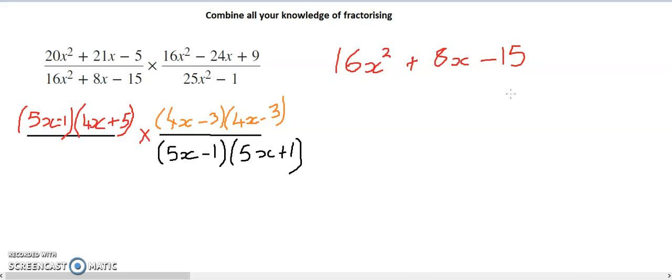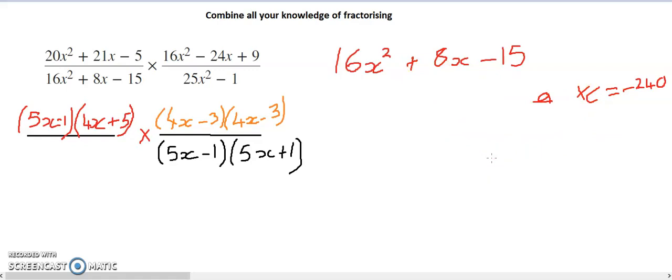So straight away I am going to think, well, I'm looking at A times C, so negative 15 times 16 equals negative 240. This is A times C equals negative 240. So I need to get my two amounts to add up to B, which is 8.